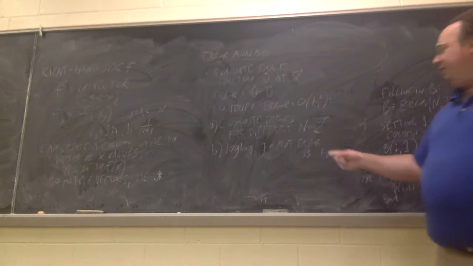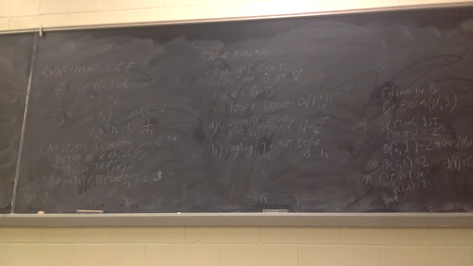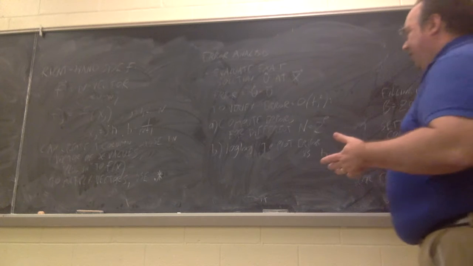So if you choose a few different n's, you have a few different h's that go with them. So then you need a vector of h's and a vector of errors that go with those h's, and that's what you'll plot.